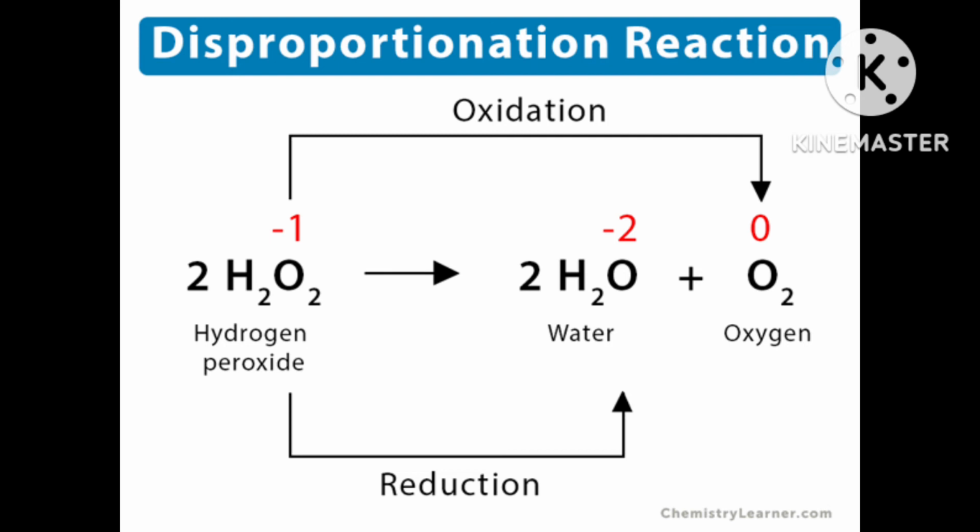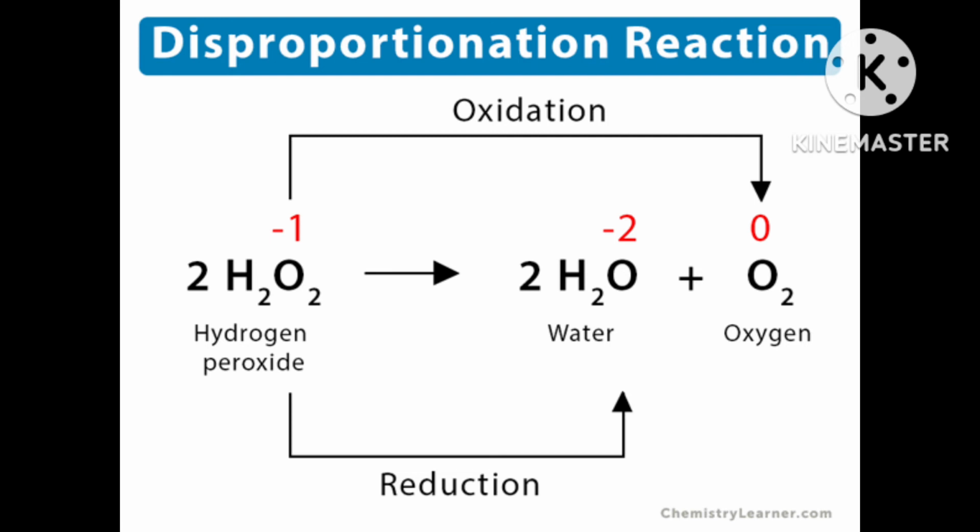You can write a balanced equation: P4 plus 3OH minus, aqueous. Why OH minus? Maybe KOH, maybe NaOH, maybe calcium hydroxide, maybe magnesium hydroxide, you don't know, but hydroxide should be there. That is the alkaline.